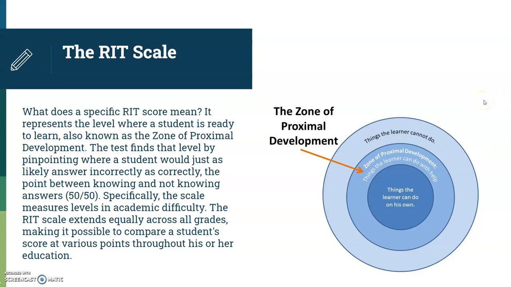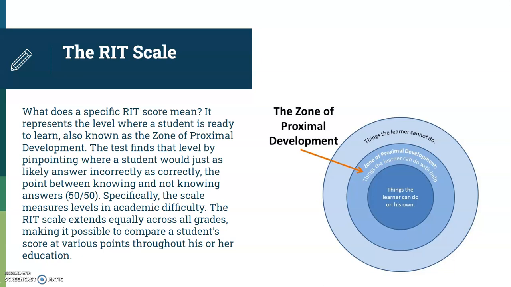So when a student receives his or her score, they will get a RIT score. So what does that RIT score mean? Well, it represents the level where a student is ready to learn, also known as the zone of proximal development.